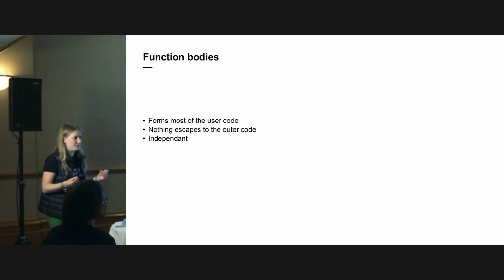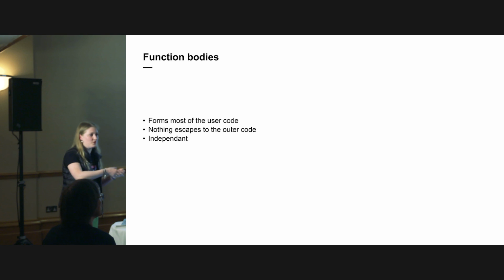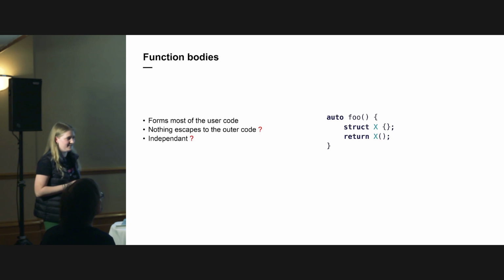And function bodies, in an ideal world, are very nice because you have a function signature and a function body, and the function body is quite independent. So you don't need to go into the function body to understand something about the code that is using this function, if you have a signature. But there is one but here, and the world is not that ideal.